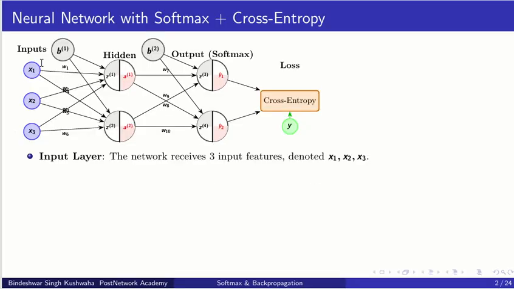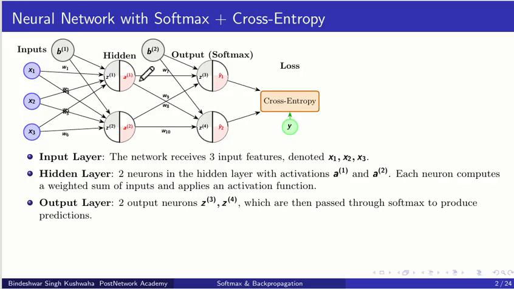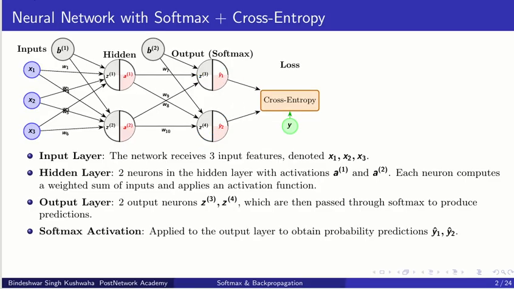So here we have a neural network and the structure is given here. We have three inputs, x1, x2 and x3, one hidden layer having two neurons, and an output layer which also has two neurons, and at the output layer softmax activation function is applied.